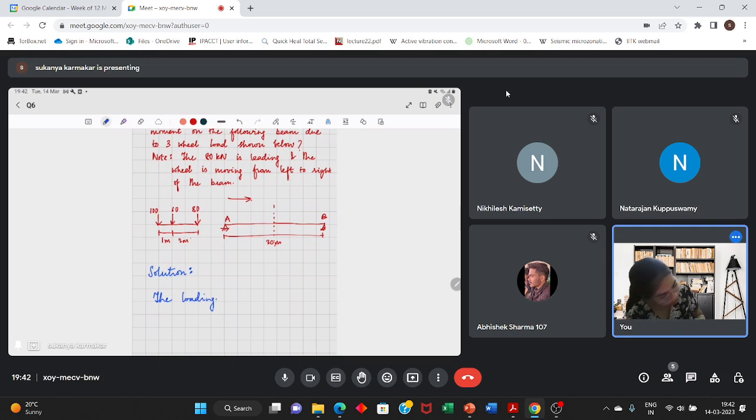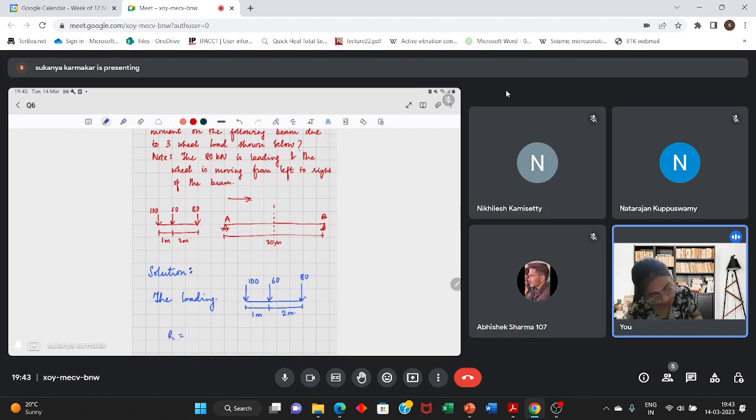This is the loading. There is a load of 100 kilonewton. Then there is a load of 60 kilonewton. And there is a load of 80 kilonewton. This is 1 meter and this is 2 meter. So first, what is the resultant load?